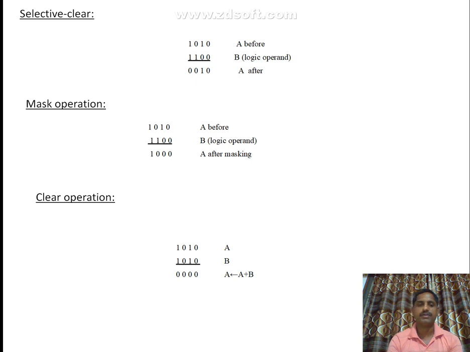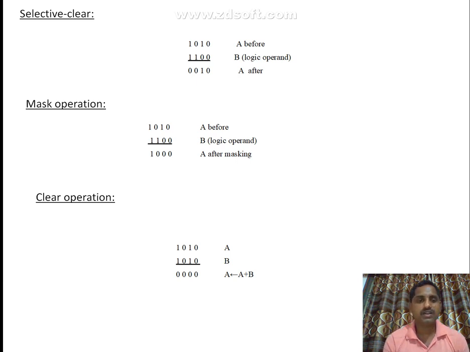In the following example you perform the AND operation. AND operation means if both are 1 the result is 1, otherwise it will be 0. In the mask operation we perform the AND operation.